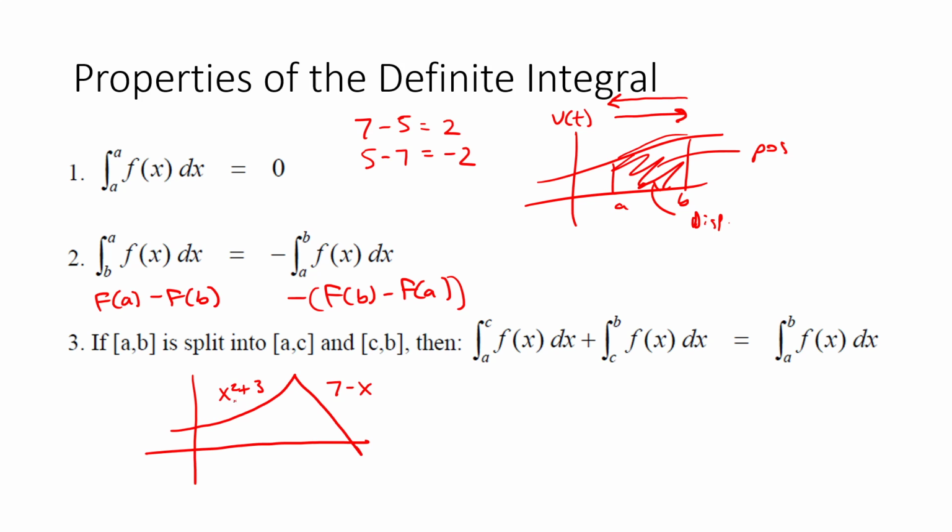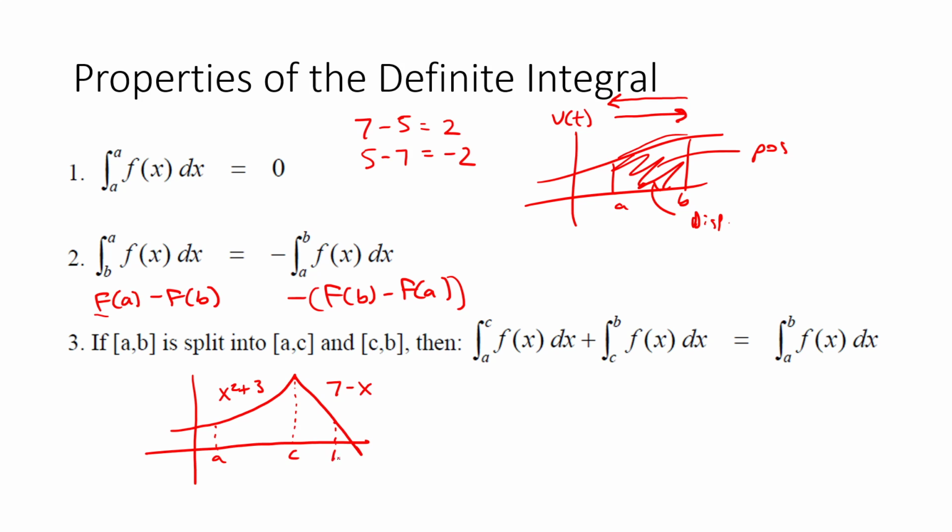If you're going to integrate, you have to take an antiderivative. But this is going to be a little tricky because you have two different functions that you would be taking the antiderivative of. So to make life easier, let's just say we were trying to integrate from here to here. What we would do is break this up. We would break it up where one function turns into the other.